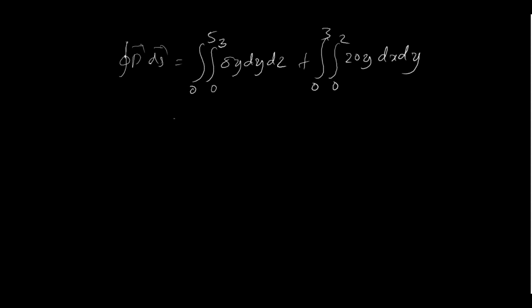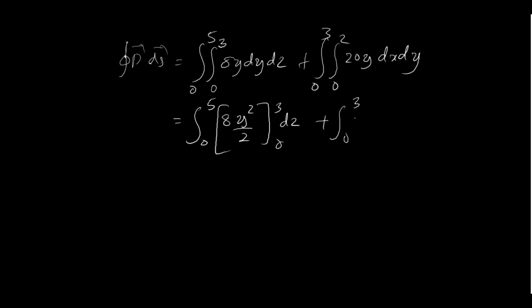Integrating 0 to 5 you can do later. So 8y becomes 8y² by 2 with the limits 0 to 3 dz, plus here, 0 to 3, 20y is a constant, integral dx is x with the limits 0 to 2, dy.